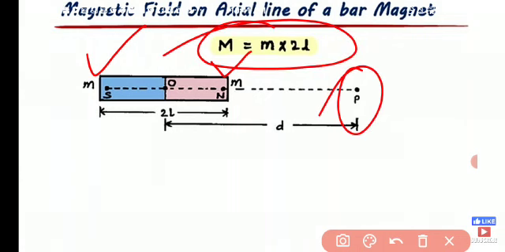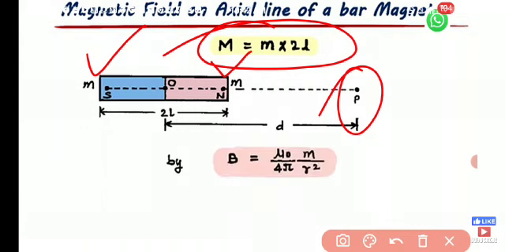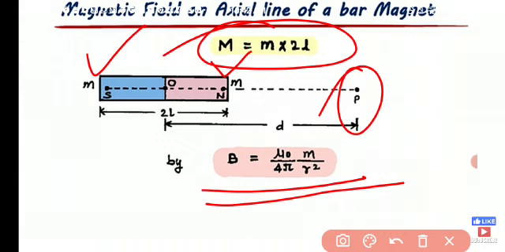We are taking a point P at a distance d such that we have to calculate the magnetic field at this point of the bar magnet. Now we know that magnetic field lines are emerging from the north pole and reaching the south pole. And the formula for magnetic field is mu naught upon 4 pi, m upon r square.